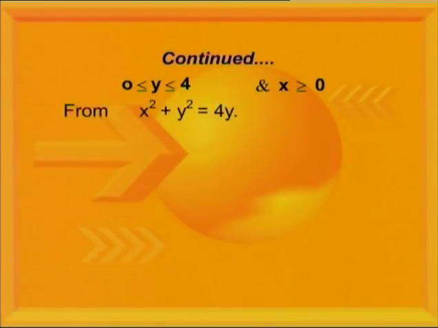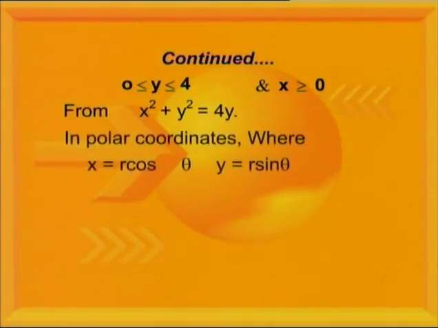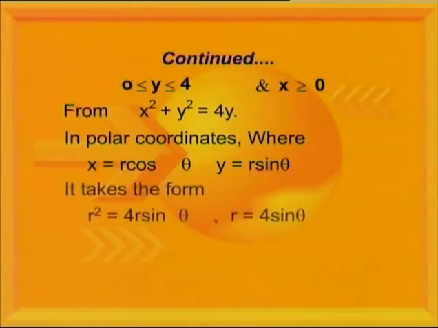For finding the limit for r, a radial vector originating from the pole meets the circle at r is equal to 4 sin theta. From where are we getting this 4 sin theta?